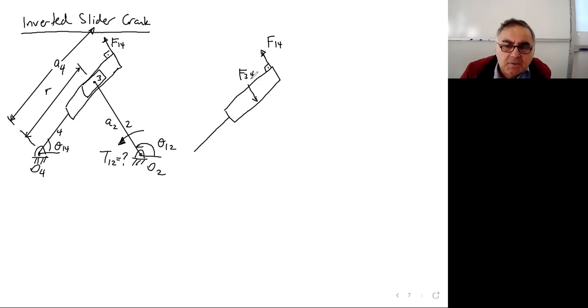So it is in the opposite direction. Well, we assume that it's in the opposite direction to F14. Now, what can be the direction of, let's say, whatever it is, G14? It has to be something like this, right? Or it has to be along the same line. It cannot be anything else.